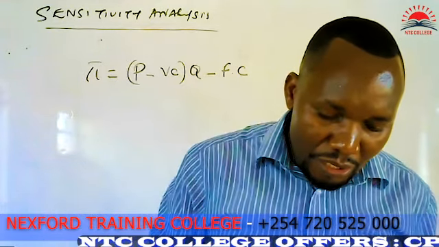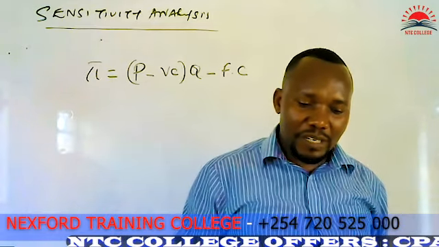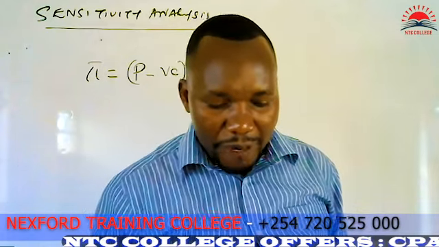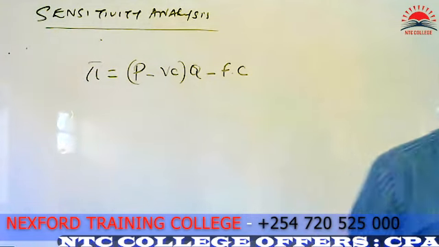So we are saying that the focus in this case is to determine the effect on net present value due to a change in a given variable, holding other factors constant. Holding other factors constant.